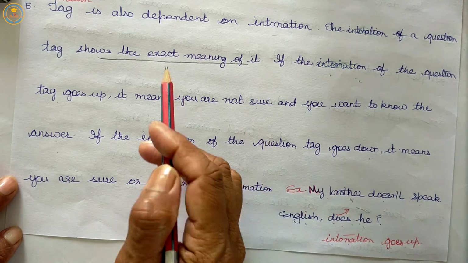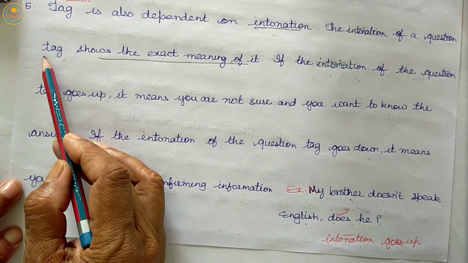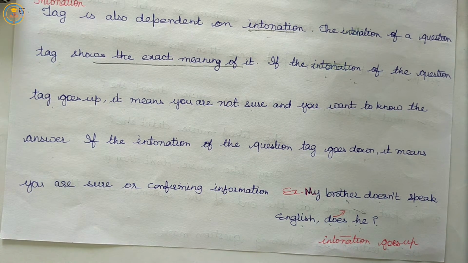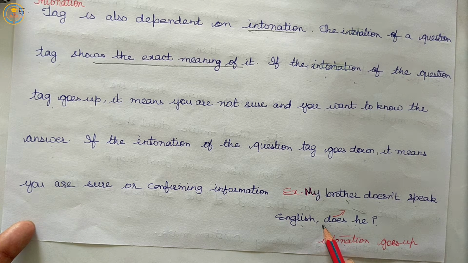Tag questions are also dependent on intonation, and the intonation of a question tag shows the exact meaning of it. If the intonation of the tag question goes up, it means it's rising up, so we are not sure and we want to know the answer.